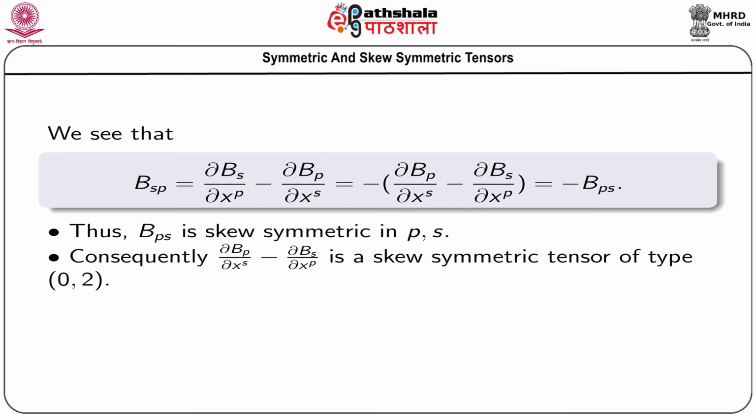Thus, del B_p del x^s minus del B_s del x^p is a skew symmetric tensor of type 0, 2.